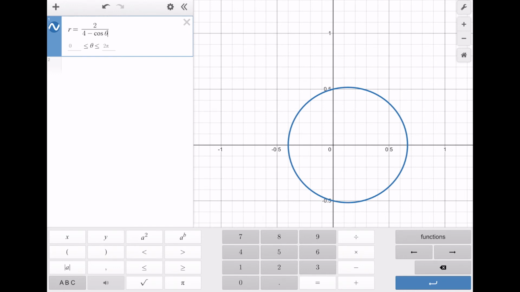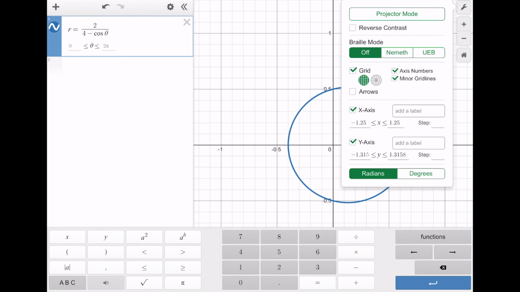When we specify r and theta in the Desmos graphing calculator, it automatically recognizes polar coordinates. So make sure if you're trying to graph in polar coordinates, you don't end up with an x and a y in your equation. We can graph on top of our rectangular coordinates just fine, but if you wanted to look at this in terms of polar coordinates, so in terms of r and theta, you can change this by clicking on the wrench icon in the upper right corner, and under the word grid, there are two circles.